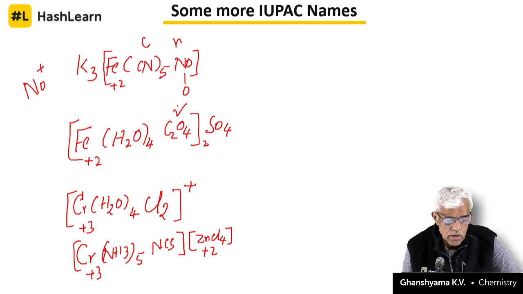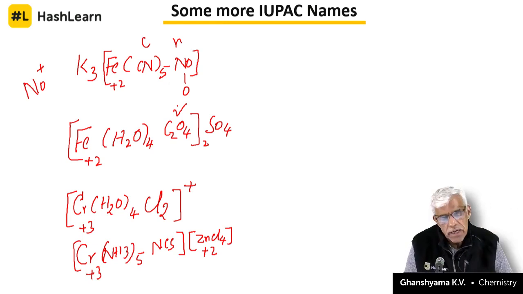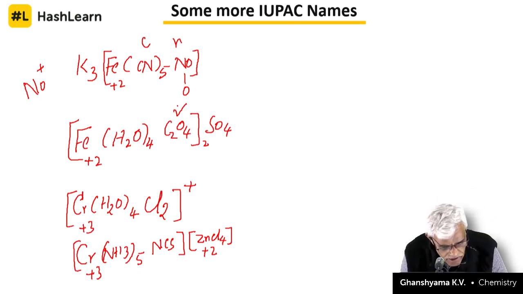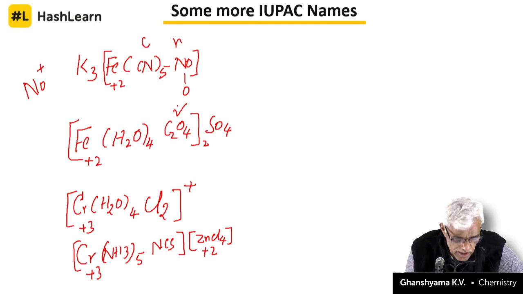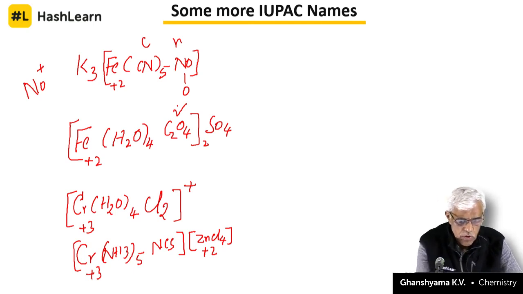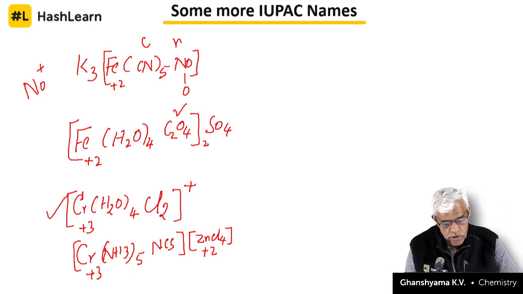I repeat, tetra aqua oxalato iron 2 sulfate. The next one. So before you write the IUPAC name, first calculate the primary valency or calculate the oxidation state of the central metal. Okay, the next one.